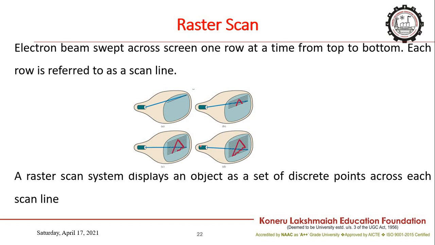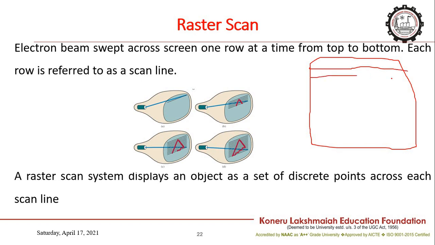And raster scan: if we consider these images, basically it will draw a line, so it will scan line by line. If we consider our TV, and try to see our TV from the side, or without even blinking our eyes, we can come to a conclusion that there are some lines flowing from top to bottom or from bottom to top.